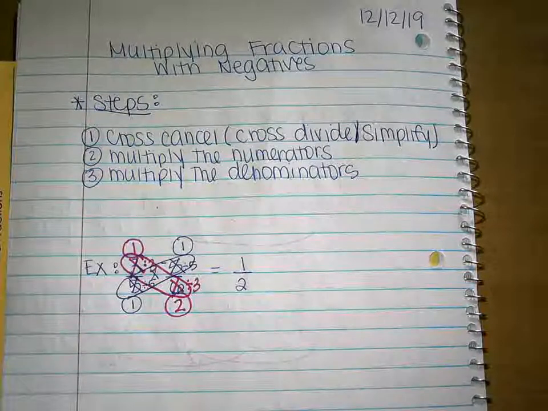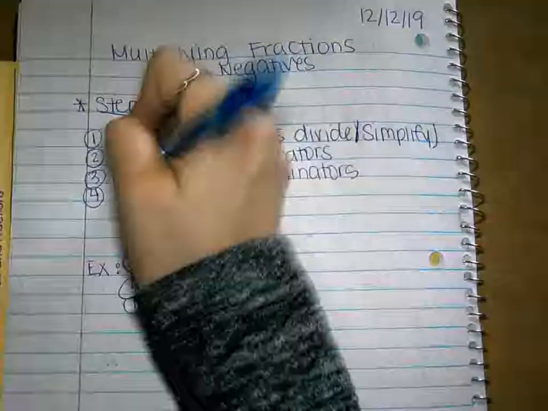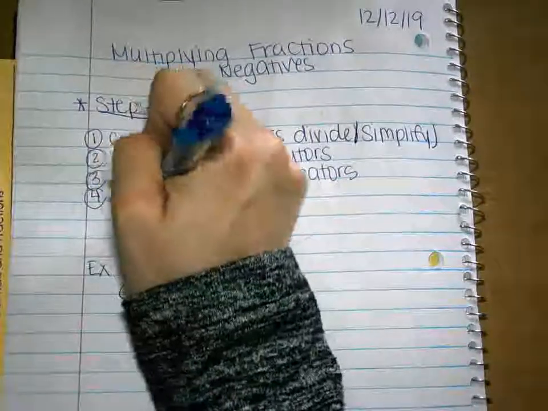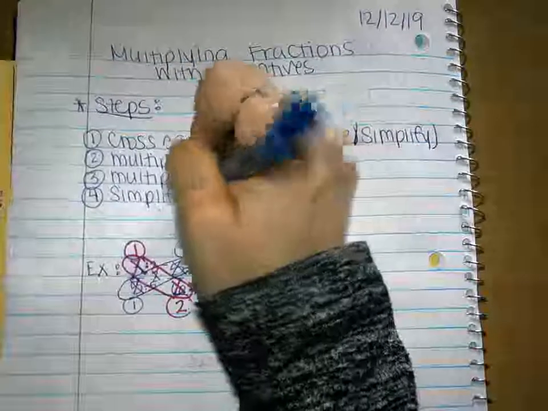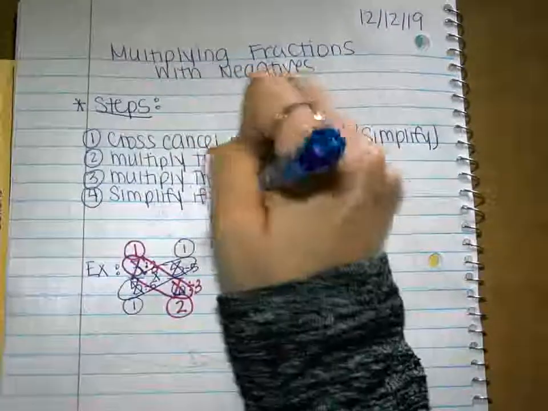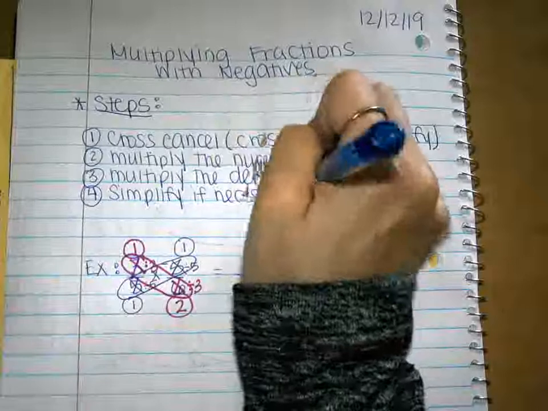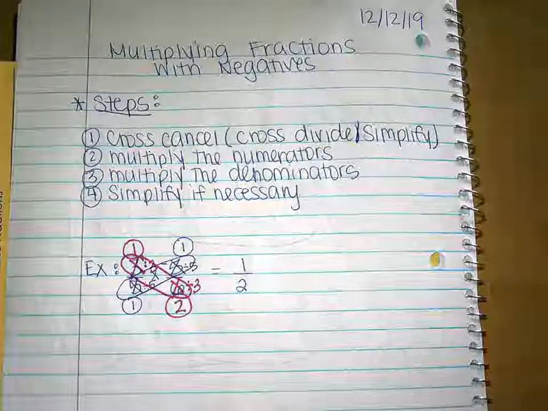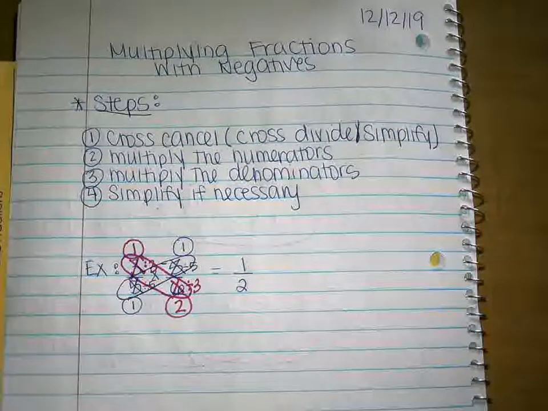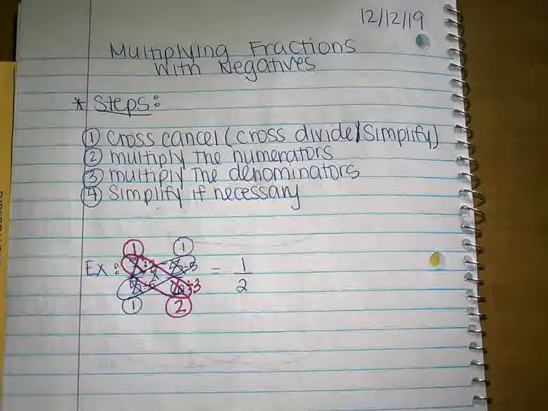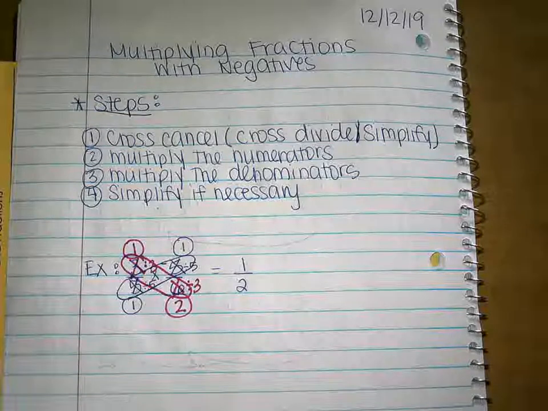Whenever we finish with fractions, we should always make sure it is in what form? Simplify. So simplify if necessary is step 4. So make sure you always simplify. And then what's our last step going to be, guys?